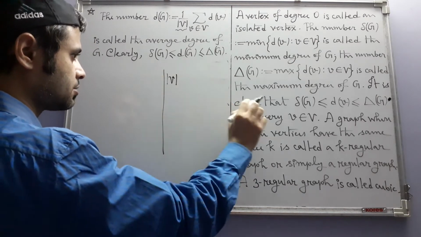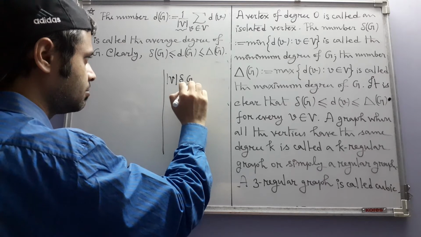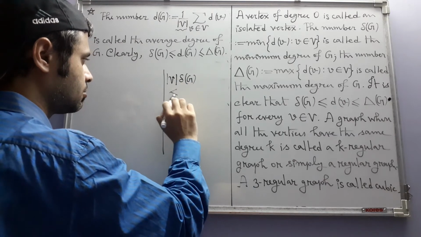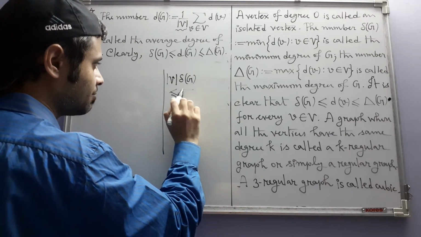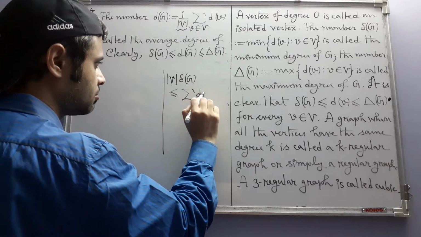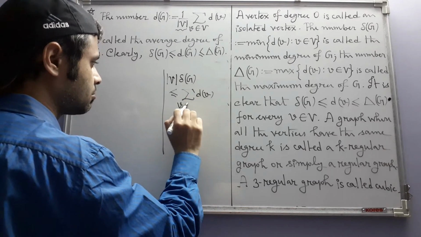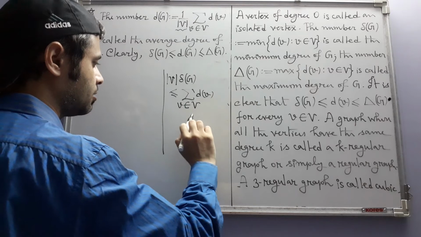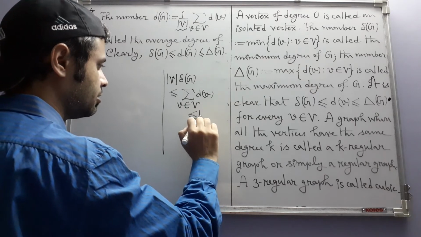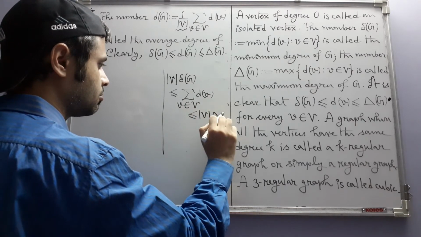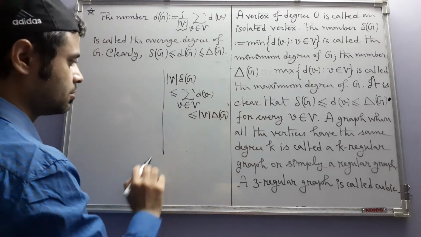This many vertices, so on the left hand side you will get this. In the middle you will have that sum. And on the right hand side you will get this.